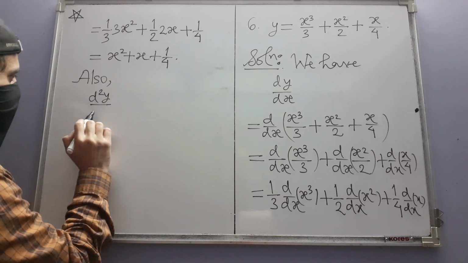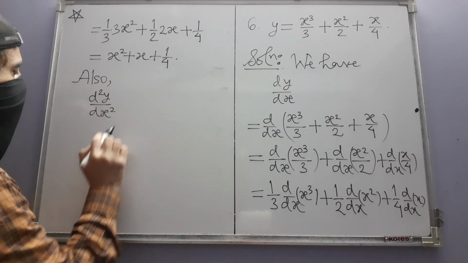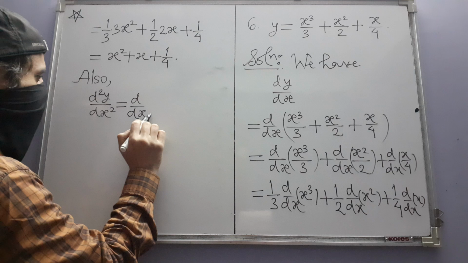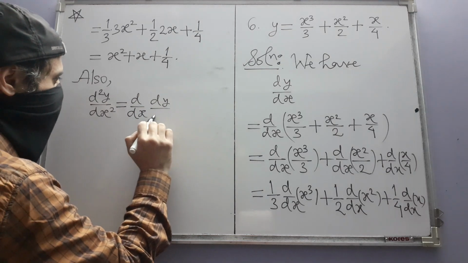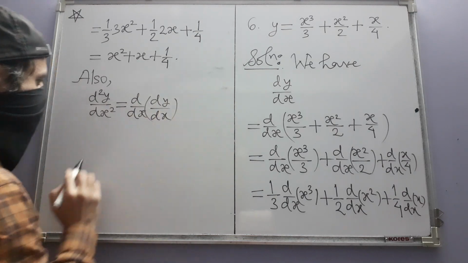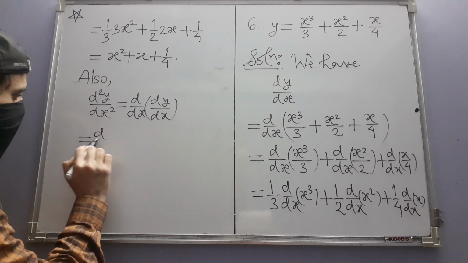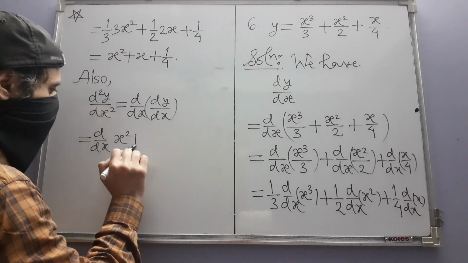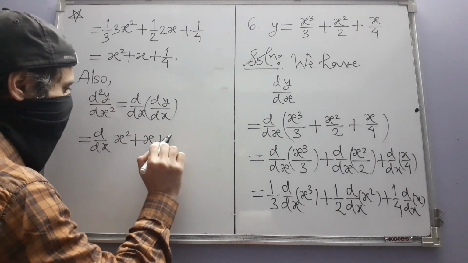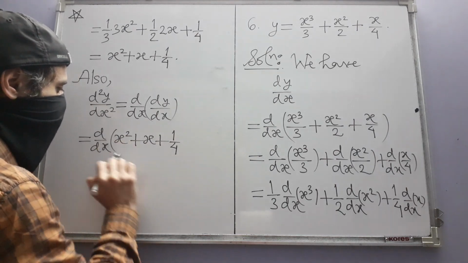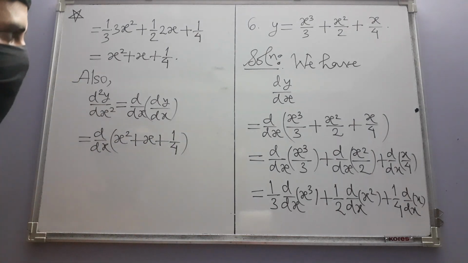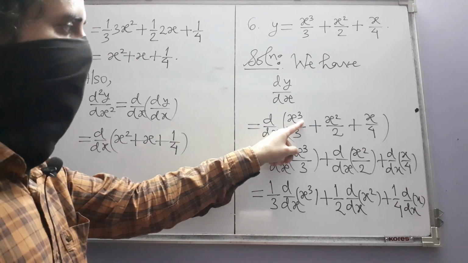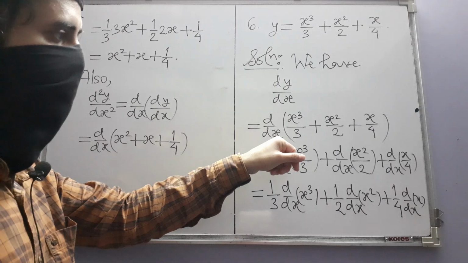Then the second derivative is d/dx of dy/dx. You may have also uncovered another rule, or you have made an observation that whenever you differentiate a polynomial, the degree of the polynomial gets 1 less.